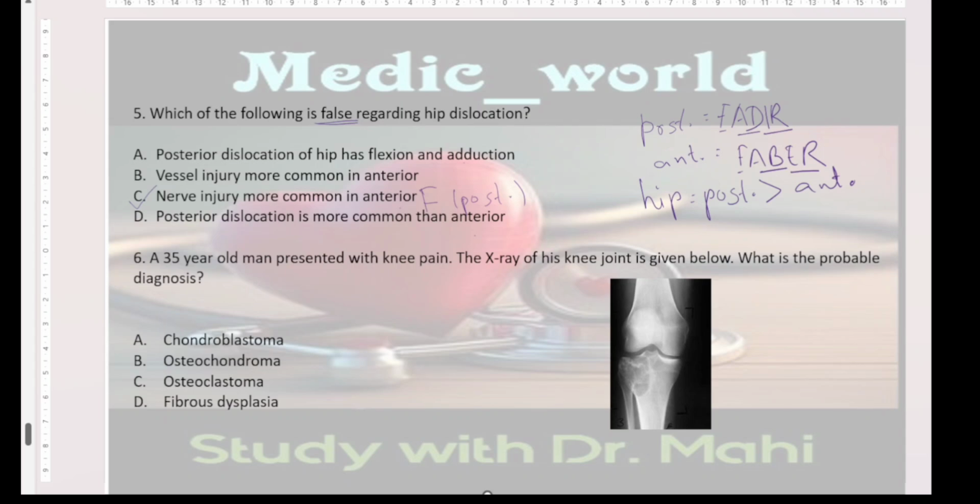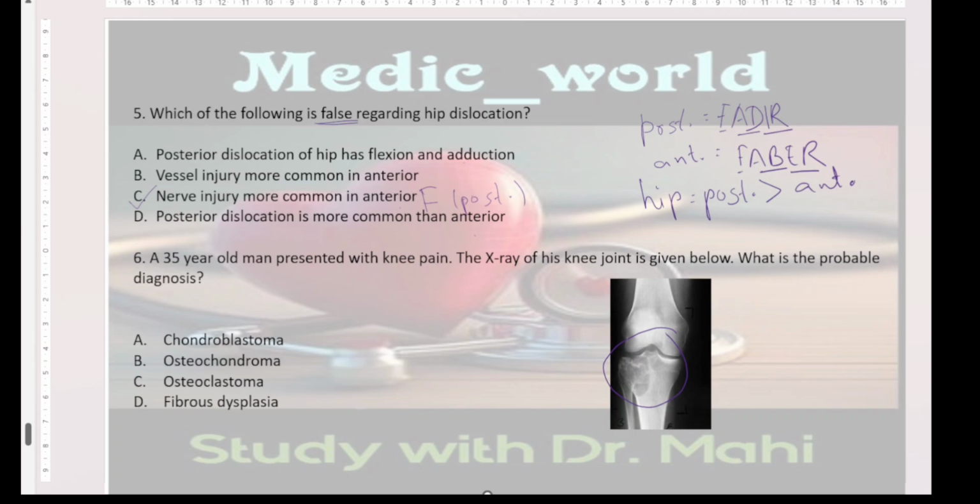A 35-year-old man presented with the knee pain. The X-ray of his knee joint is given below. Which of the following is the probable diagnosis? Here we have to see the X-ray which shows the soap bubble appearance. That means soap bubble appearance is characteristic of giant cell tumor, that is osteoclastoma.